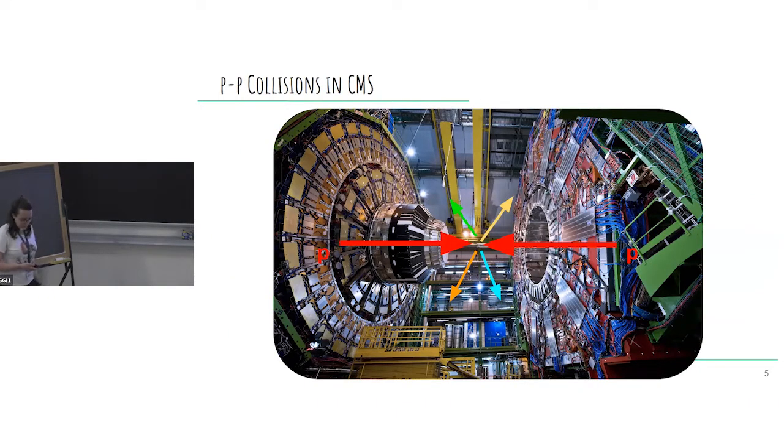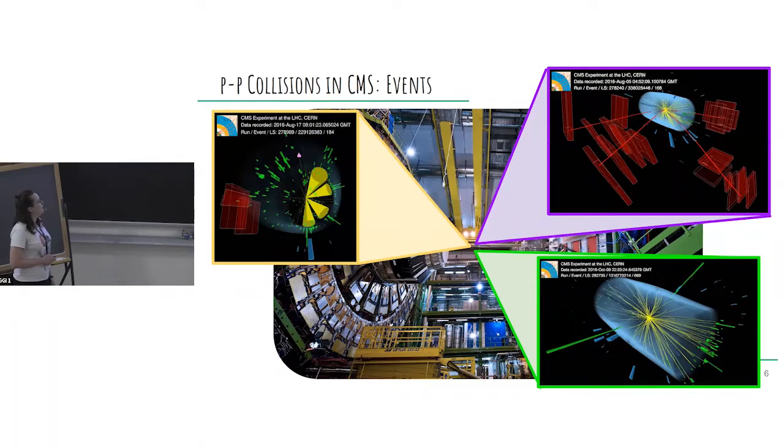The outcome can be various things, particles of all kinds, basically. And we call them events. When we have collisions of protons, we use this nomenclature.